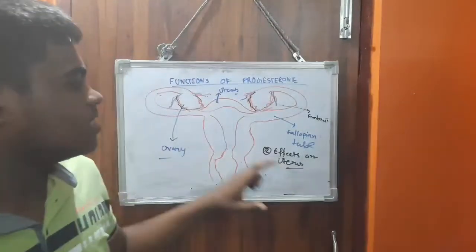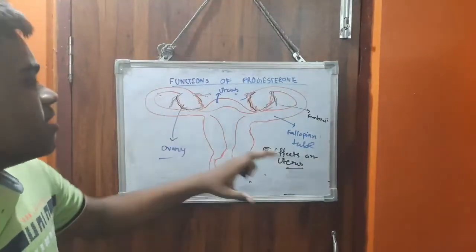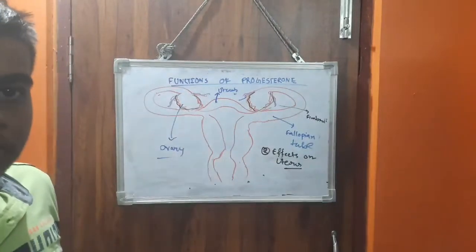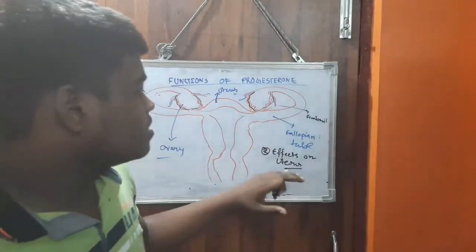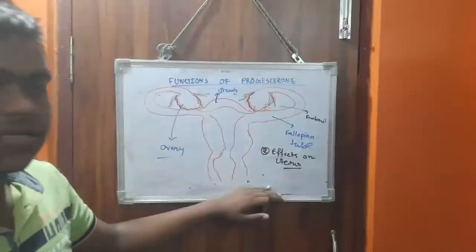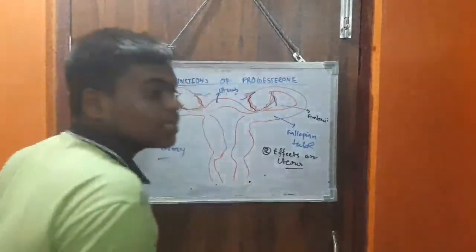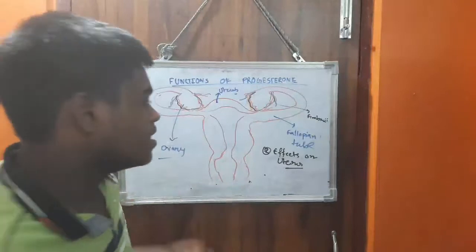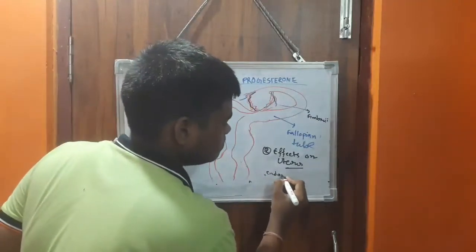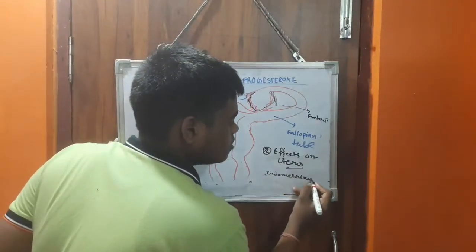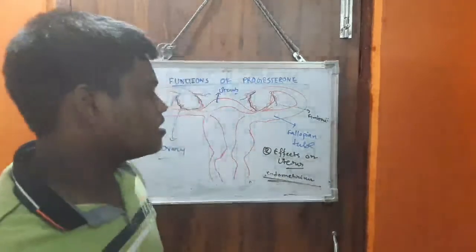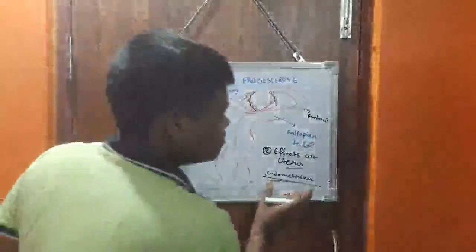Progesterone hormone promotes the secretory activities of the uterus, or the uterus lining cells, that helps for the implantation of the fertilized ovum. Promotes the secretory activities of the what? Endometrium, a type of cell present in the lining of the uterus. Okay, endometrium.